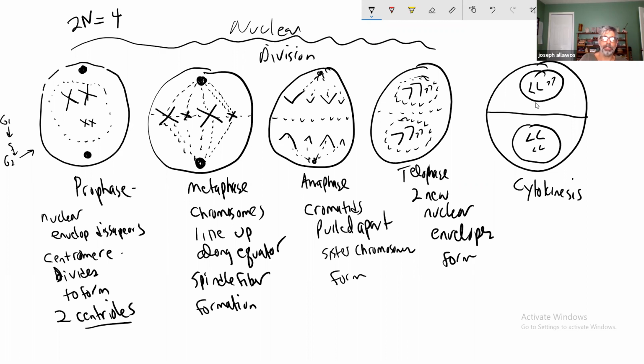Because these sides are identical due to them being replicas of one another. So we all started out actually as one diploid cell, and then we became two, and then we became 4 and 8 and 16 and 32 and 64. Or maybe you skinned your knee, and these are two new skin cells from the mitotic division.